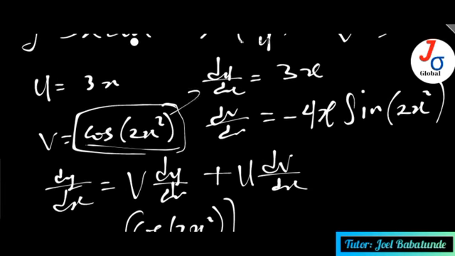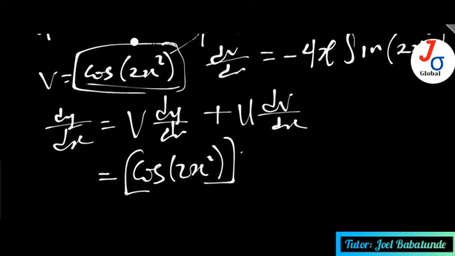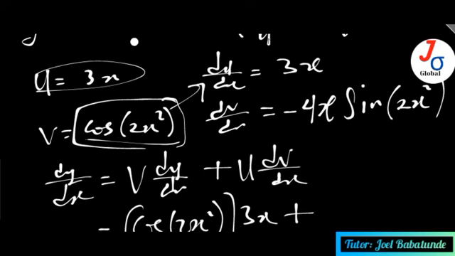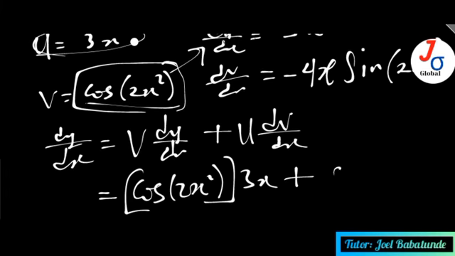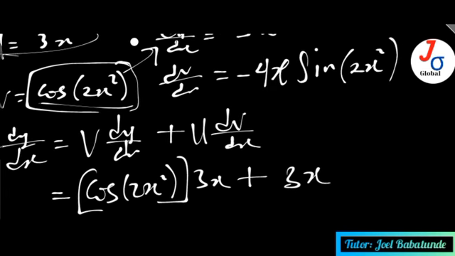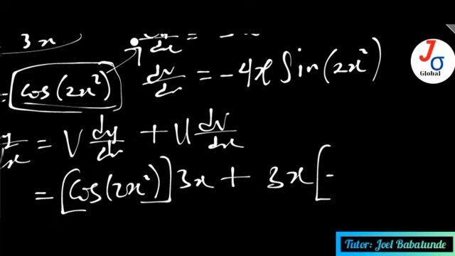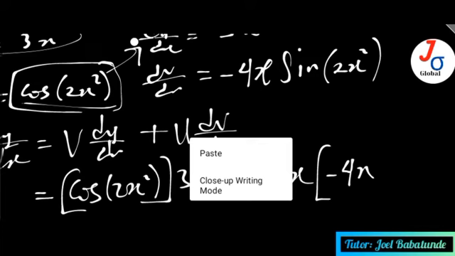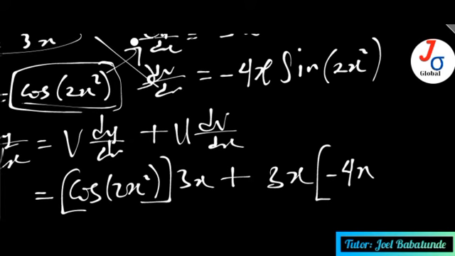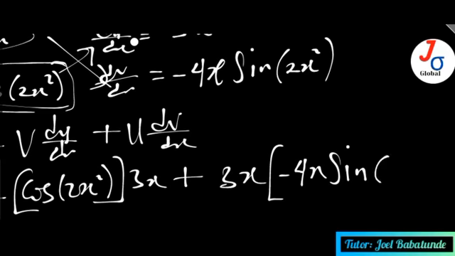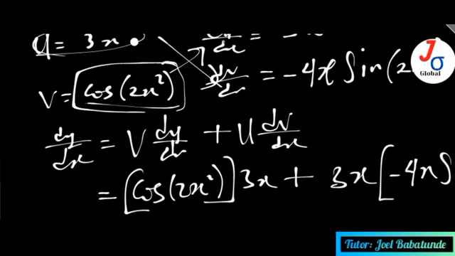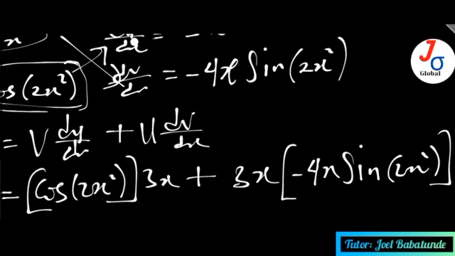My du dx is 3, plus, what's my u? 3x. Then my dv dx is actually minus 4x sine 2x squared.